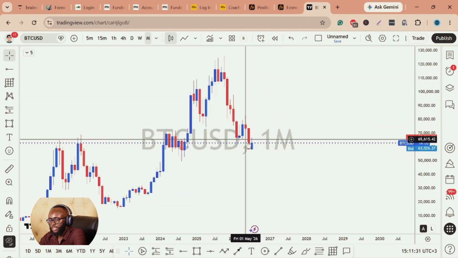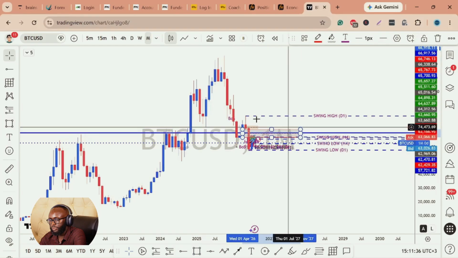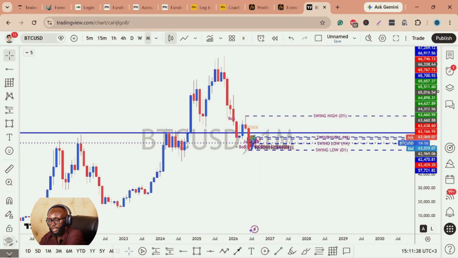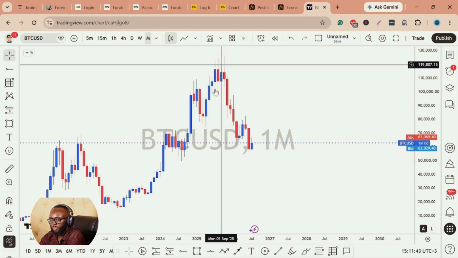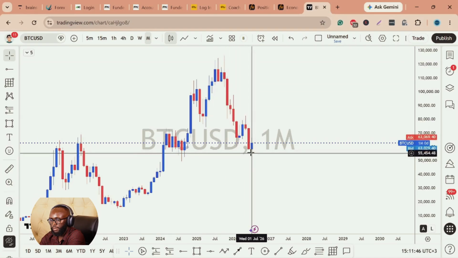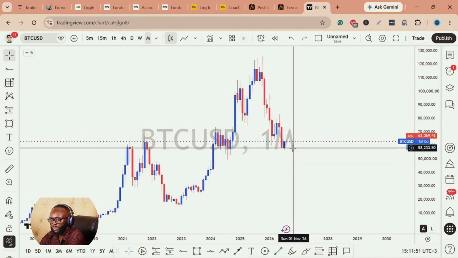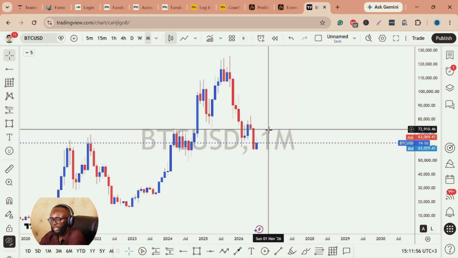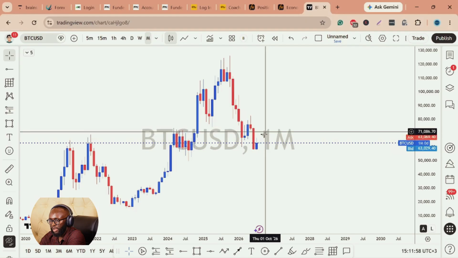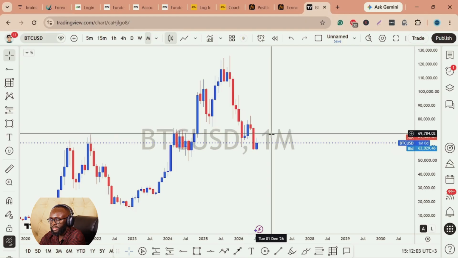What I can see currently is that we have this beautiful imbalance resting on the monthly time frame. Price has been pushing lower from this leg over here. We haven't seen buyers take so much control from this leg. So I still look forward to going short on BTC. However, for now, we'll be looking for price to at least fill this particular imbalance that has been left on the monthly time frame.